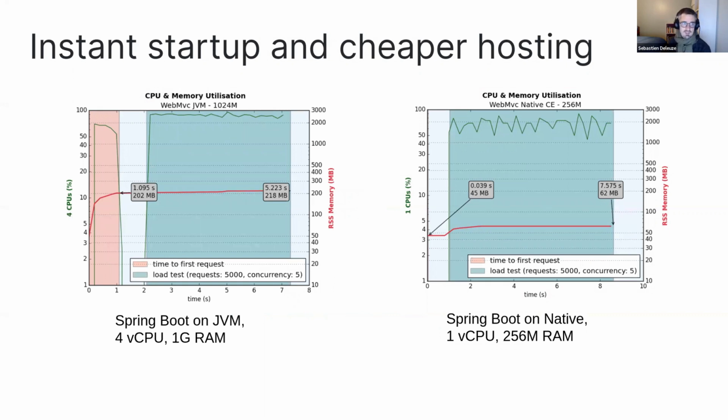And yeah, this is interesting because that allows you to have instant startup. So for high availability, serverless, or just to be a better Kubernetes citizen, I think that's interesting. You have also peak performance just after the startup, unlike the JVM that needs to warm up.